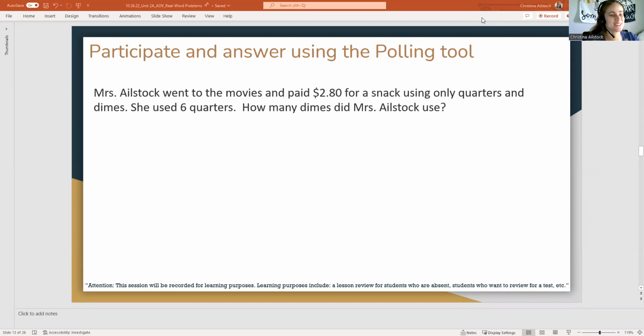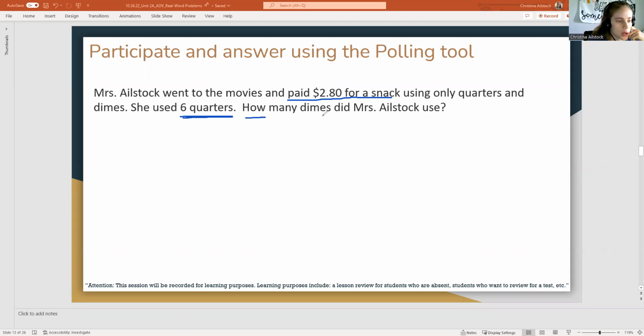But all right, so let's reread this and see what we're all dealing with. So I went to the movies and I paid $2.80 for a snack. And I only used quarters and dimes. I used 6 quarters.